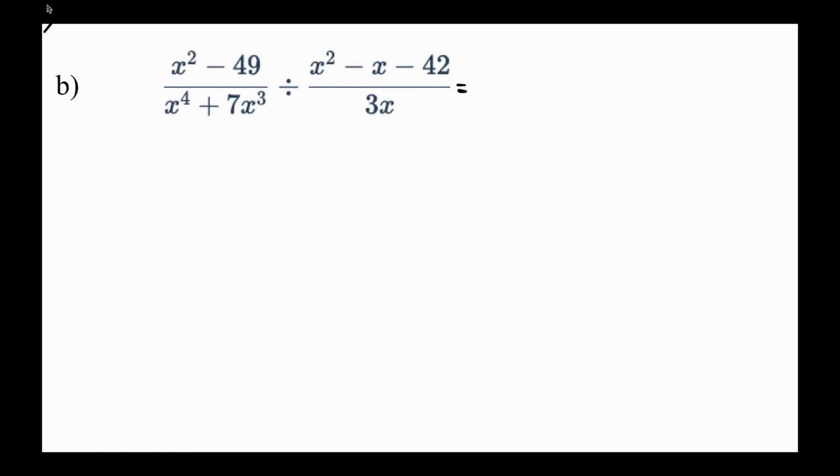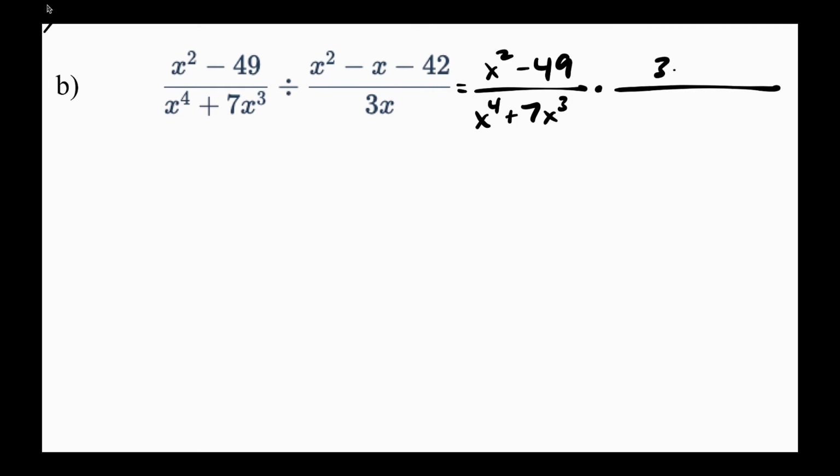The only difference between A and B in terms of what we do is this one's division. So the first thing I have to do is change it. Keep the first fraction. Multiply, change the bottom.